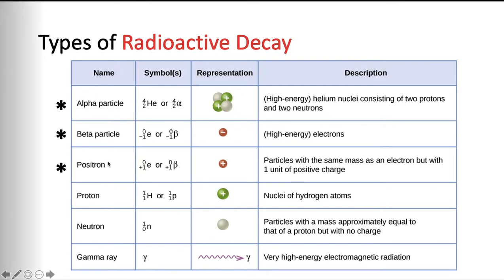We're going to focus on the first three ones: the alpha particle decay, beta particle decay, and positron emission. You need to remember the symbol for each of these particles, and I personally like to use these three over here, but you will find them in this fashion as well.